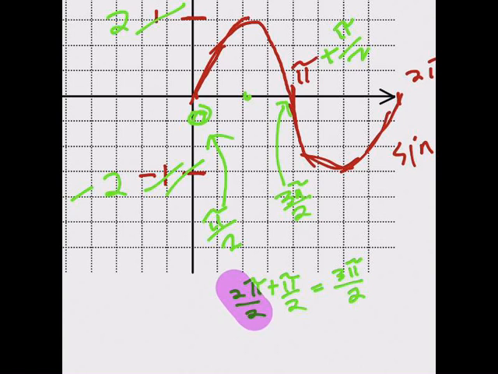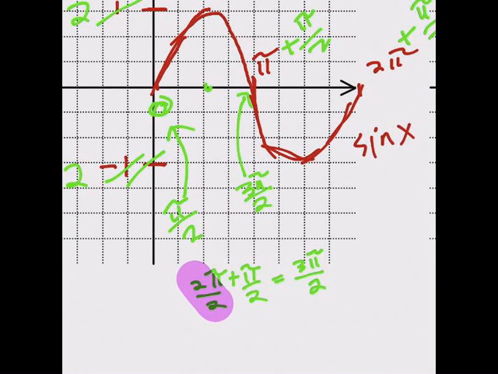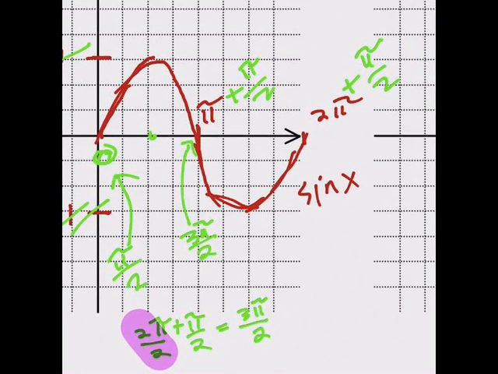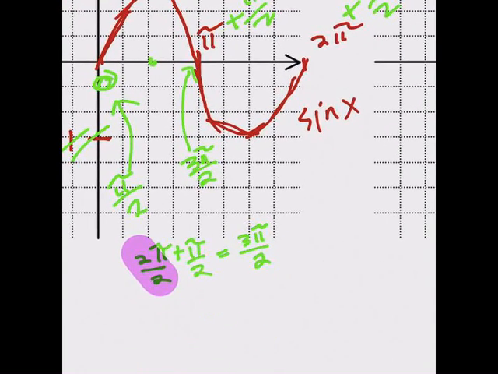So I have shifted this to the right, but instead of actually picking my graph up and moving it, I'm just changing where the values are, just rewriting them. So one of my fave motions. 2 pi plus pi over 2, I need to figure out what that is. So let's do the math down here. I need to make a common denominator, so I double the top and bottom, so it becomes 4 pi over 2.